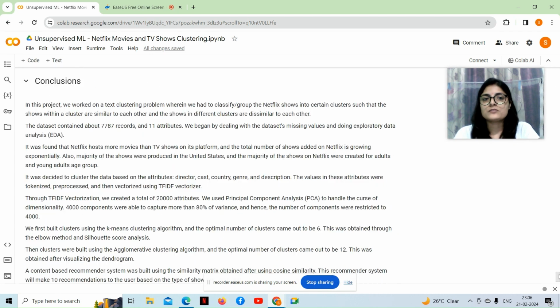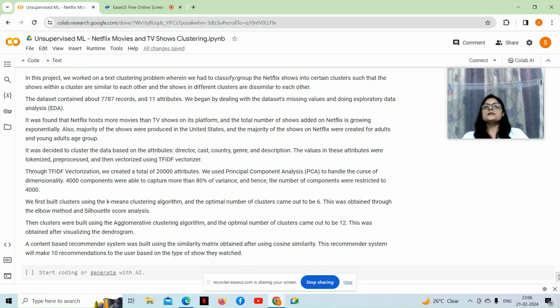Now moving to the conclusion. In this project, I worked on a text clustering problem wherein I had to classify the Netflix shows into certain clusters such that the shows within a cluster are similar to each other and the shows in different clusters are dissimilar to each other. This data set contained about 7787 records and 11 attributes.